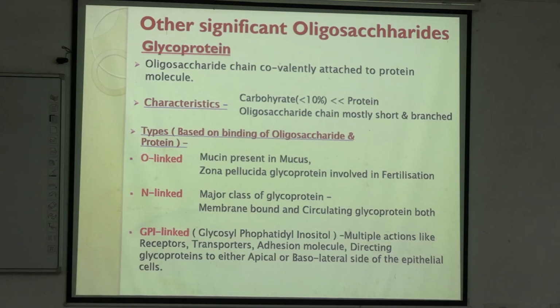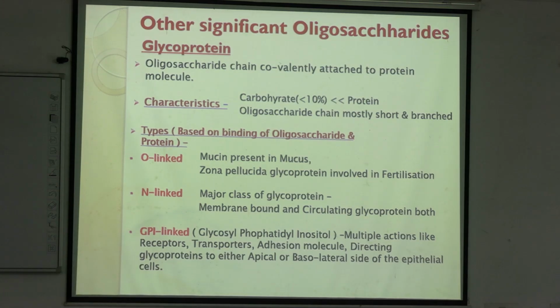The role of oligosaccharides, other than disaccharides, is to form glycoproteins and glycolipids. They are part of mainly glycoproteins. Glycoproteins are molecules where oligosaccharide chains are covalently bound to a protein molecule.